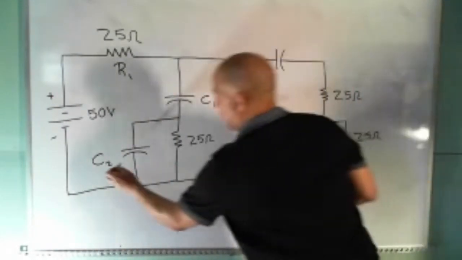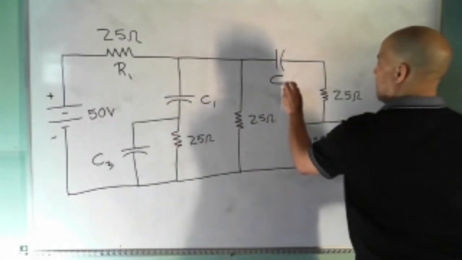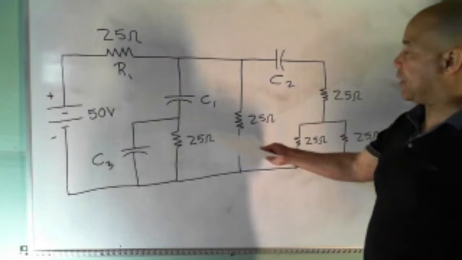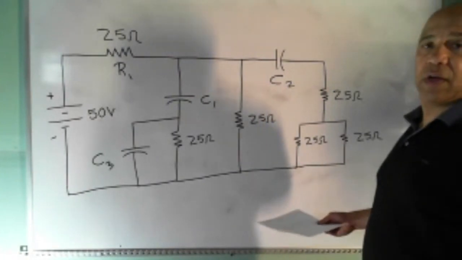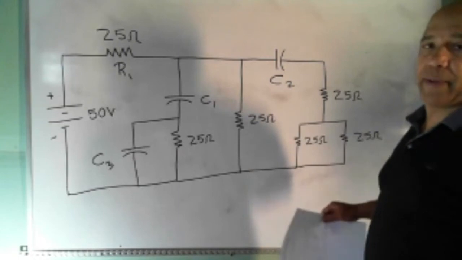This is C3. This is C2. Notice I don't have any value on the capacitors. I don't know the number of microfarads, but it doesn't matter because they're going to behave a certain way.